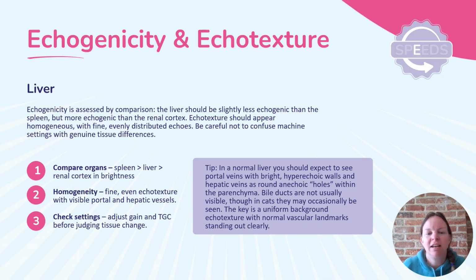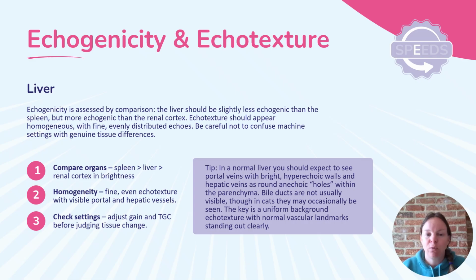So the liver should be slightly less hyperechoic than the spleen, but more hyperechoic than the renal cortex. Echotexture, in contrast, is about how homogeneous or heterogeneous the organ is, and it should be reasonably homogeneous, but we should be able to see those portal veins and hepatic veins throughout the liver.